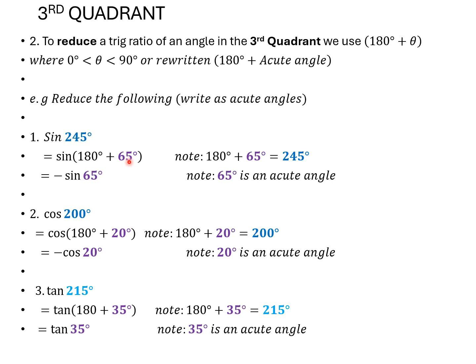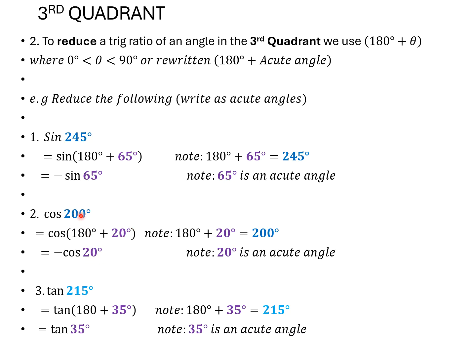So they have reduced it to an angle less than 90. Cos 200: 200 falls between 180 and 270, so it's in the third quadrant. So we're going to say cos of 180 degrees plus 20, because that gives me 200. And cos in the third quadrant is negative, so it becomes negative cos 20 degrees.